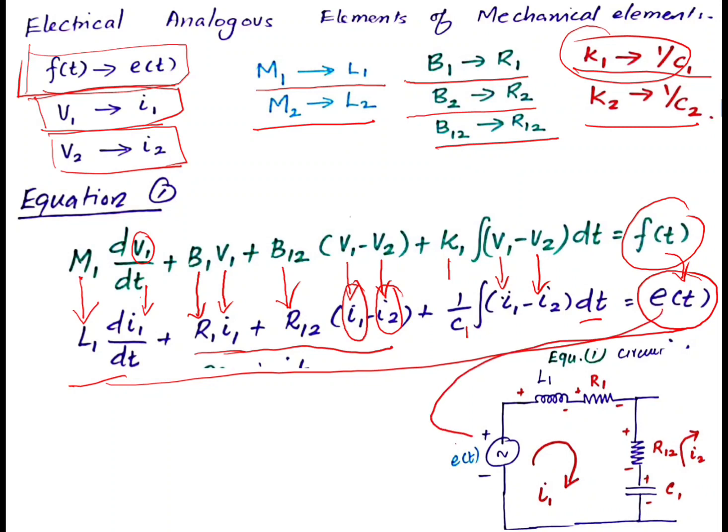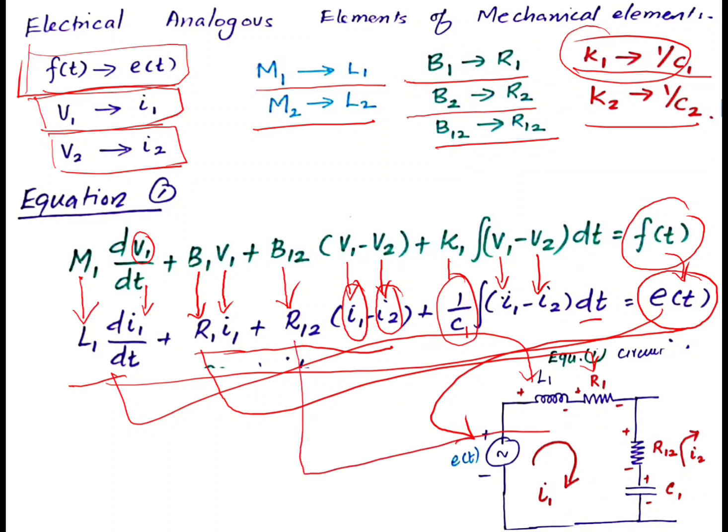E of t is here, then an inductor, then one resistor R1 with current I1, and R1 is common to loop 1 and loop 2.